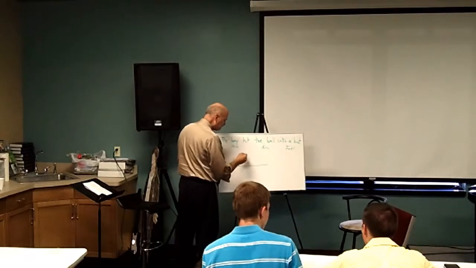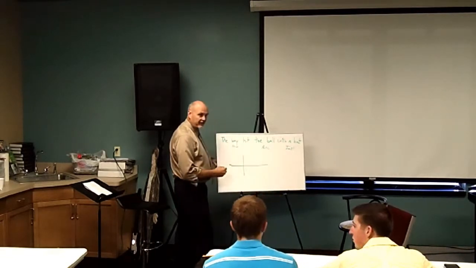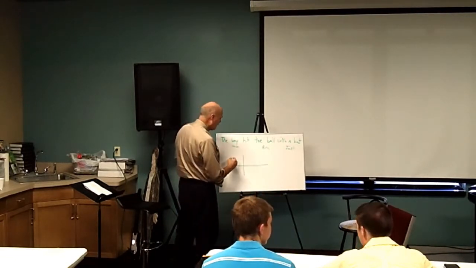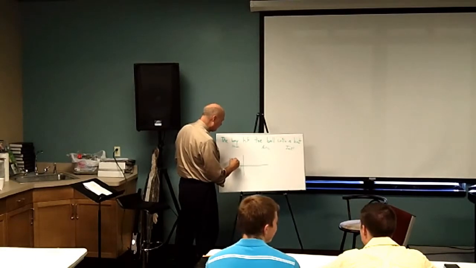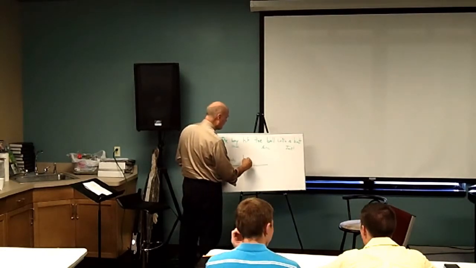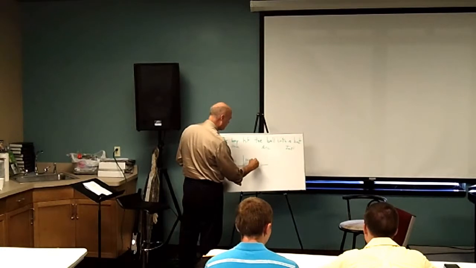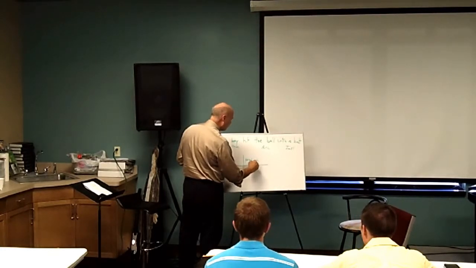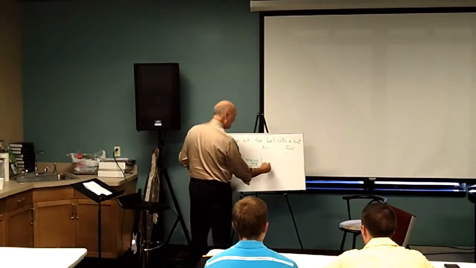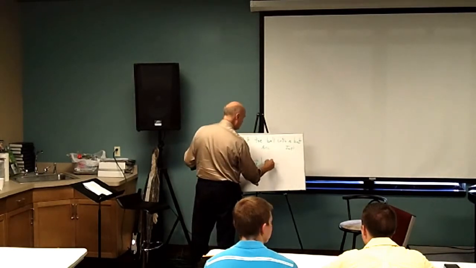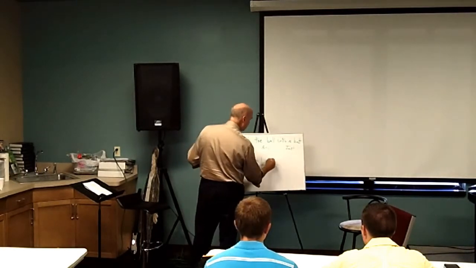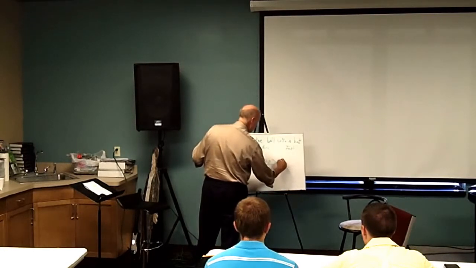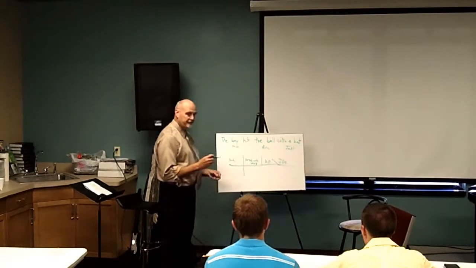You have main line, you have your subject, predicate. This is your subject. This is your predicate. Predicate is the verb. This is your object marker. So here's direct object. And then here is your indirect object. All right?